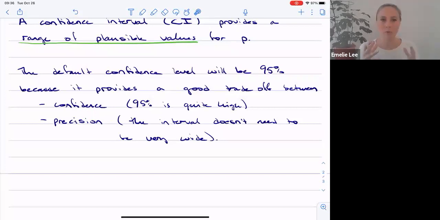So we've got this trade-off, this fine line that we're walking when we build these intervals. We've got a sample estimate, a point estimate, which is my initial guess. That's going to be your sample proportion. Then we put bounds around it, and I think of it as a buffer.